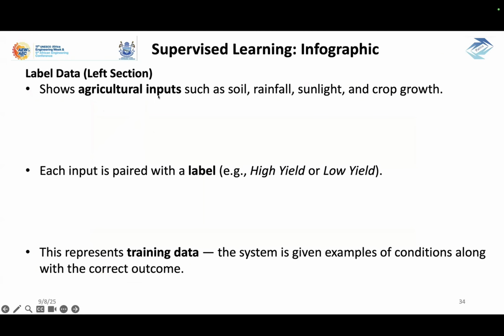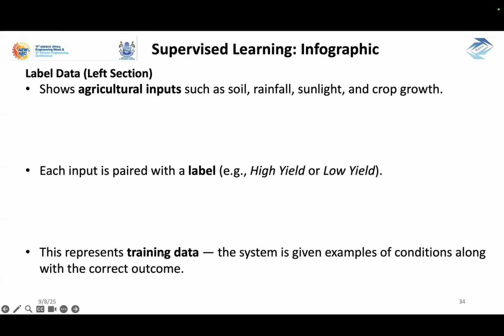So it shows agricultural input. That input can be soil, rainfall, sunshine, and crop growth. That's what you use for the training. Each point in the input is paired with a label, for example high yield or low yield.